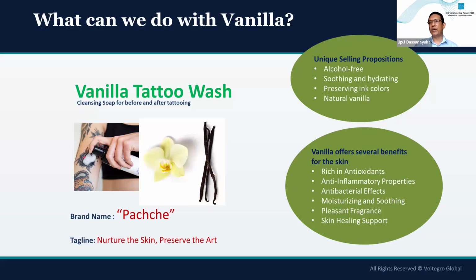USP is something else, and value proposition or the end benefit is something else, right? Is this clear? So this is one niche product catering to a niche market. Hope this is clear.